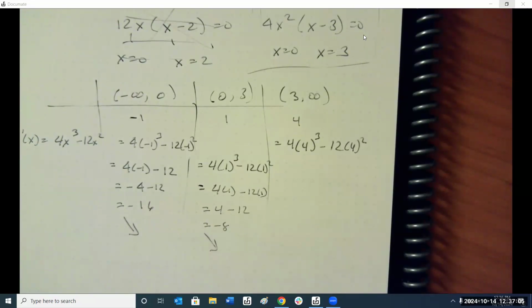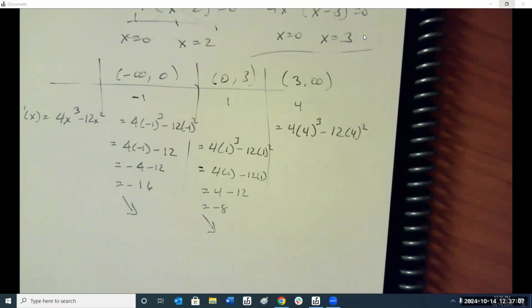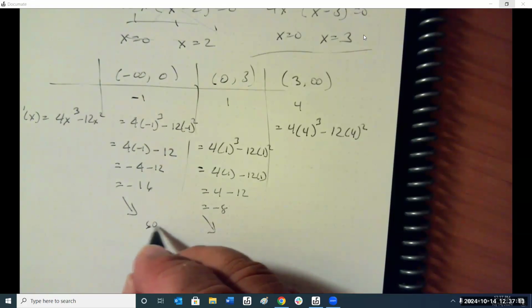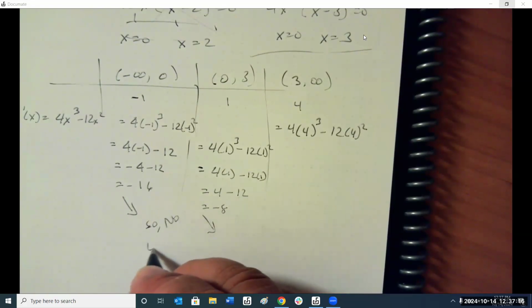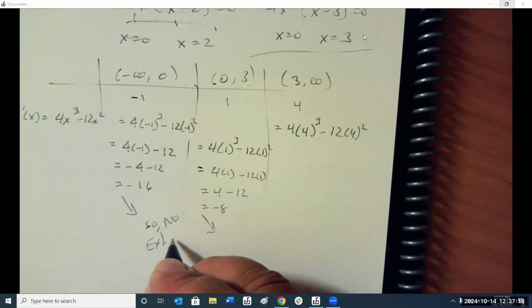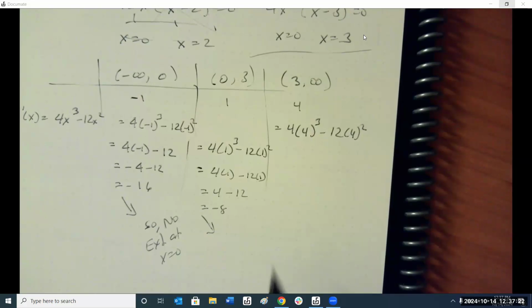It's also decreasing. So no extrema at x equals 0, because it's always going down.